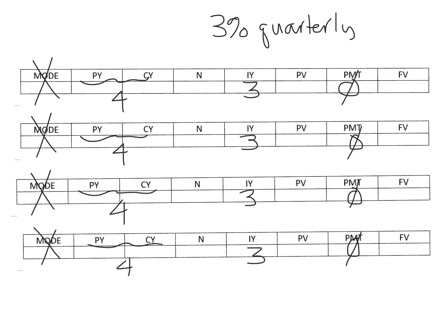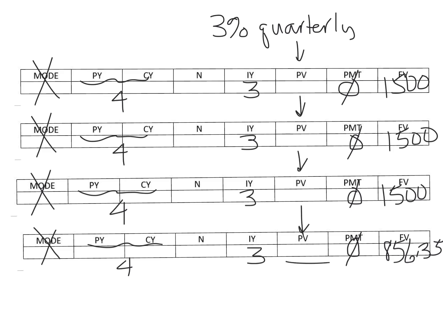Okay, so for the first, I'm going to put here $1,500, $1,500, $1,500, and here, what did we say? $856.35. So we're finding the PV of each of those values, and then we're going to add them up, and that will be the amount of the original loan.